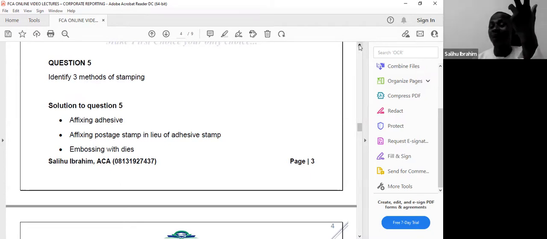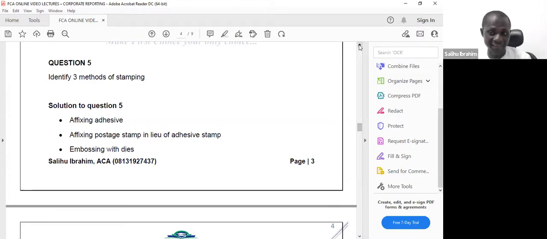Okay, adhesive means gum. So when I say affixing adhesive, I don't know if any one of you is familiar with the ICAN stamp before now. The ICAN stamp is just like a rectangular paper with the ICAN name and logo on it, and the number of the stamp.